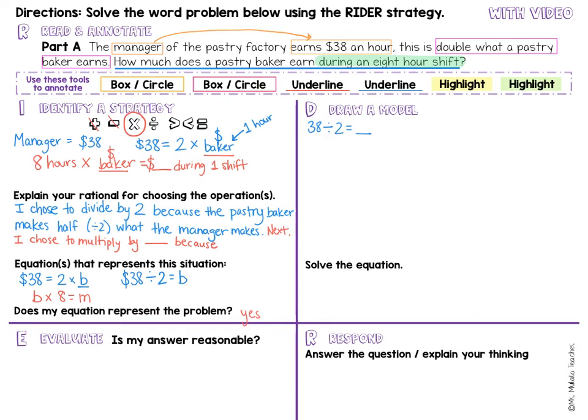So we have this number times 8 hours. You can use any multiplication strategy that you would like to find this answer. Go ahead and use your strategy and solve it on your paper. Pause the video while you do this.